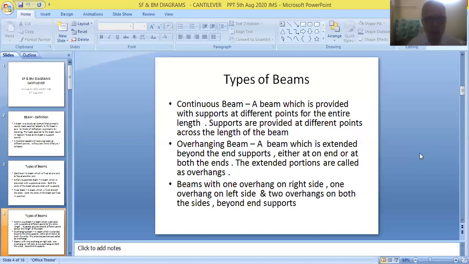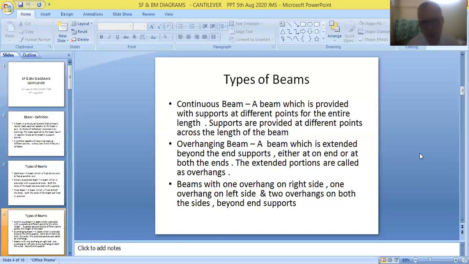That means across the length of the beam. So, in addition to end supports, if the beam is provided with several supports along the length of the beam, it is referred to as a continuous beam.